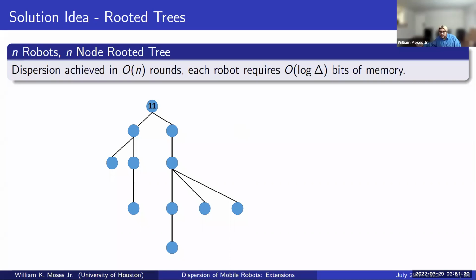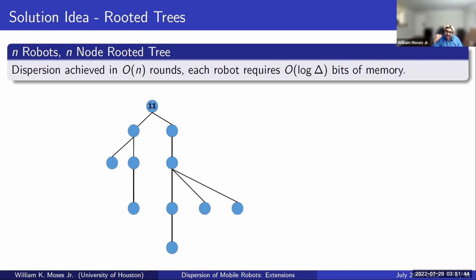You use him, you send him back to the root, back to the starting position. And in the third phase, you use this one robot to tell everybody else to turn off and terminate the algorithm. And finally, this one final robot, it'll go back to its empty position and it'll also terminate.